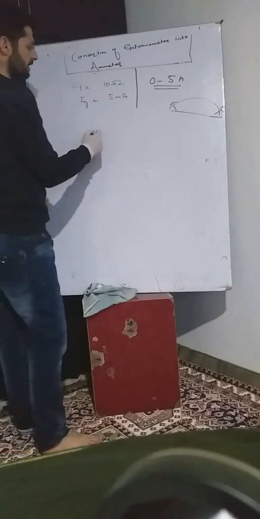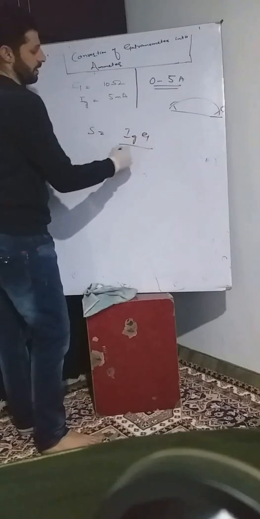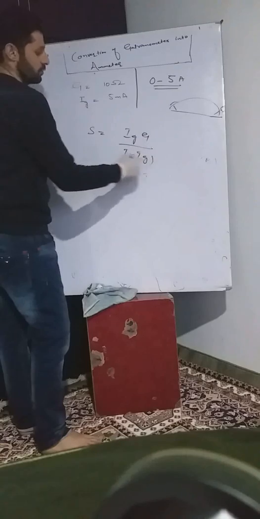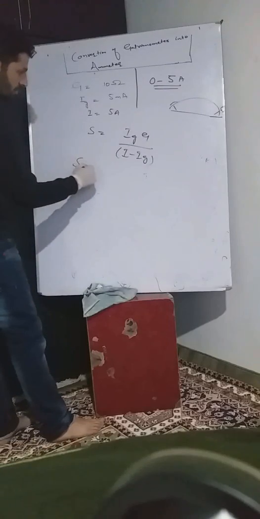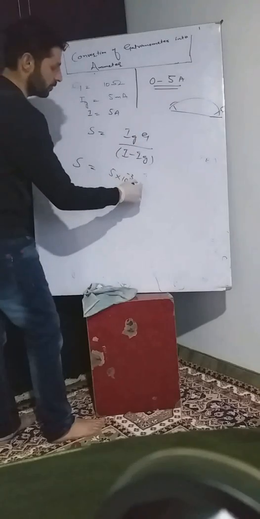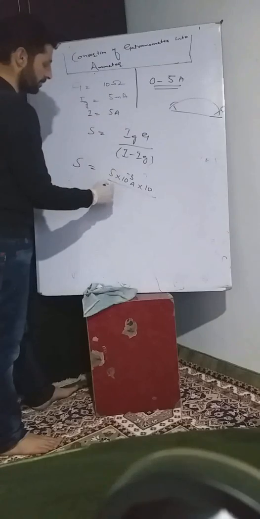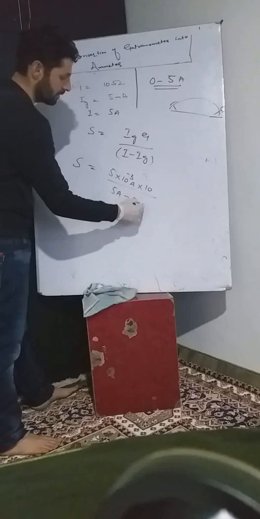We just derived S is equal to Ig G divided by I minus Ig. Here I is equal to 5 ampere, the maximum current. So S is equal to Ig, that's 5 milliampere, 5 into 10 power minus 3 ampere, times G, which is 10 ohm, divided by I, which is 5 ampere, minus 5 milliampere, that's 5 into 10 power minus 3.